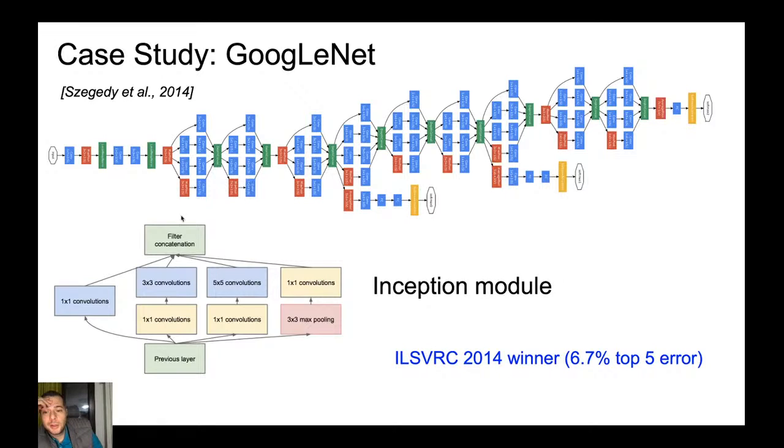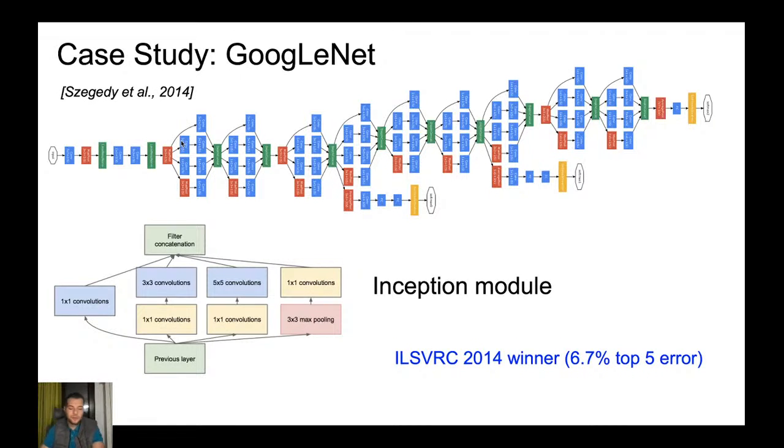Again, here the design choice was, okay, maybe we should use 1-by-1 convolutions and then 3-by-3 convolutions, or we should use 1-by-1 convolutions and then 5-by-5. So they tried different choices, and these are alternative pathways that are concatenated here as the output. So this is a modular design.